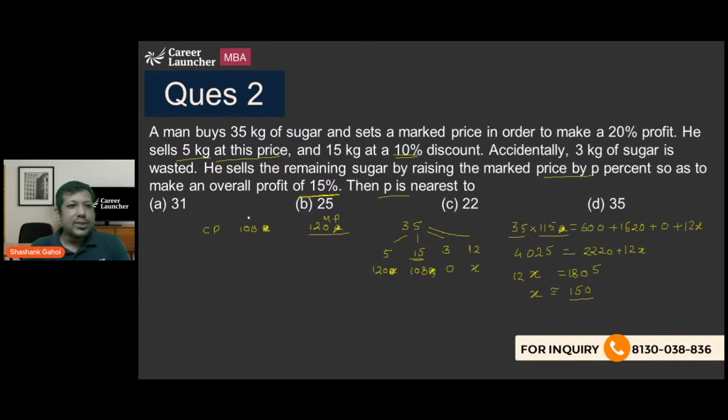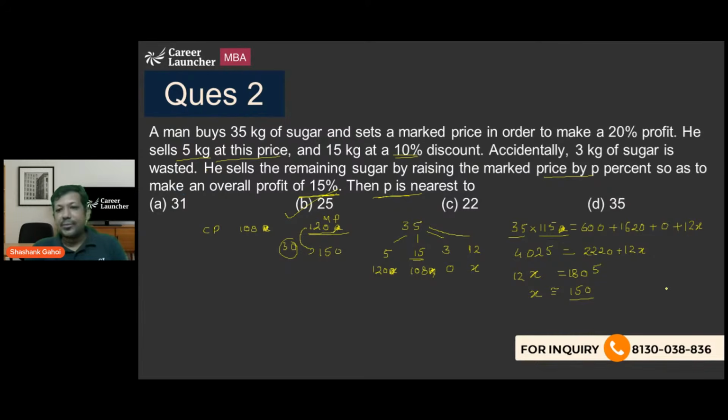So the question says that P is nearest to. What was the mark price? We had 120. At how much is he selling the remaining? That is at 150. So he is increasing the mark price by how many rupees? 30 rupees. So by what percent is he increasing? He is increasing by 25%, and that's going to be the answer.